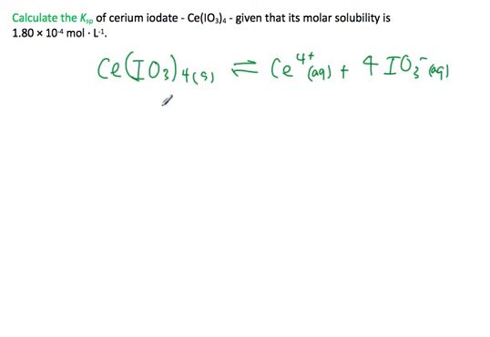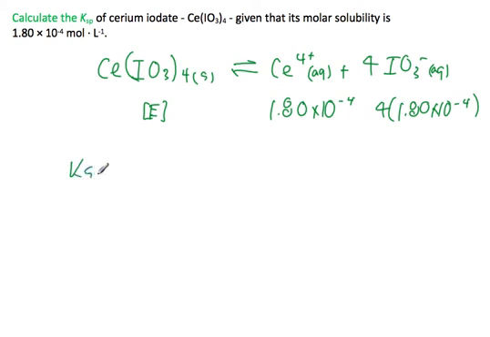And again, so here, if you wanted the values of x, the equilibrium concentrations for this cerium iodate, well, they're equal to x. There's 1 mole of cerium ions when it dissociates, but there's 4 moles of iodate ions. So this is how you're arriving at those values to substitute into a KSP expression. KSP equals cerium 4 plus concentration multiplied by the iodate ion concentration brought to the power of 4.